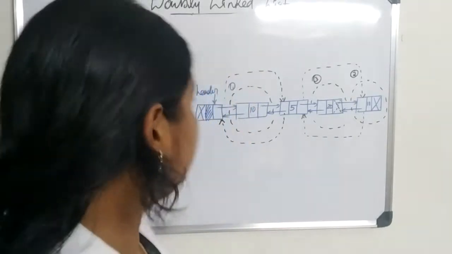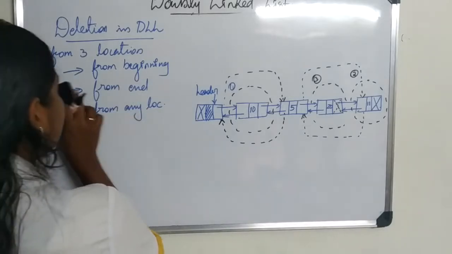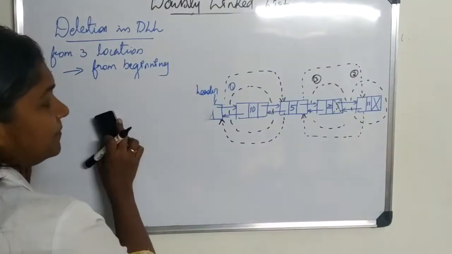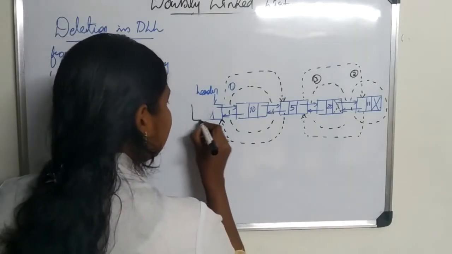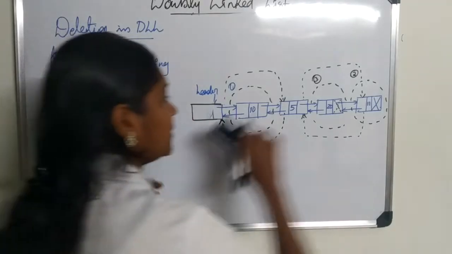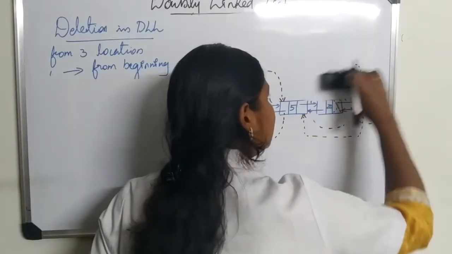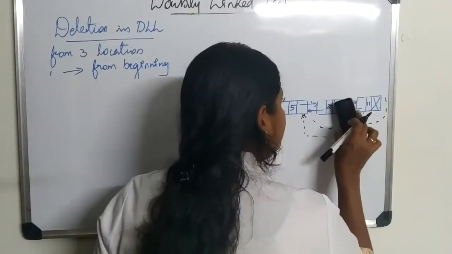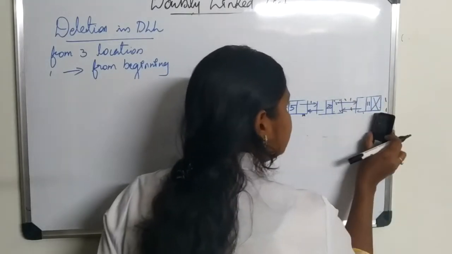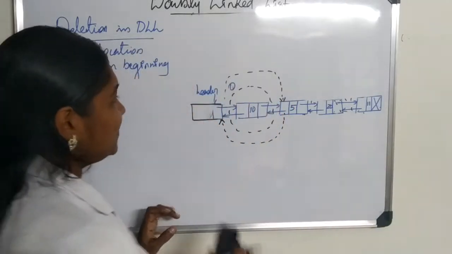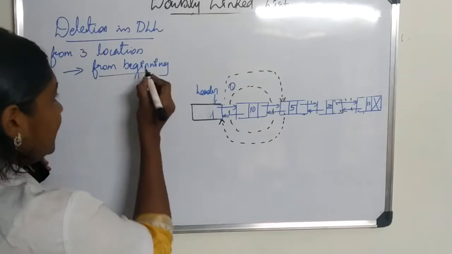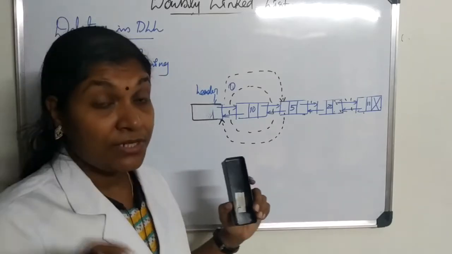So we will move on. First, we will consider deletion from beginning. Let this diagram be here. We will consider only the first case, so let's remove all these dotted lines of the remaining cases. What did I mention?